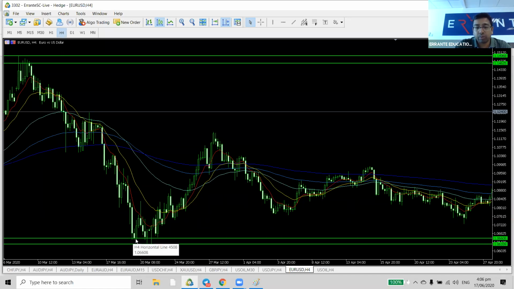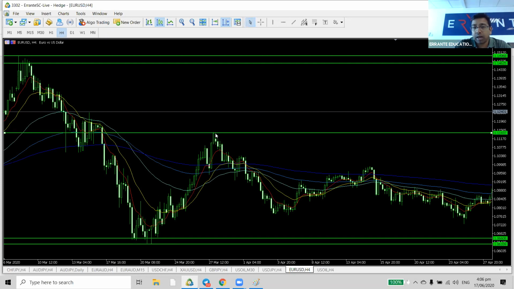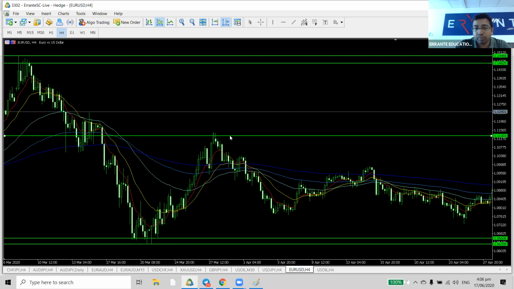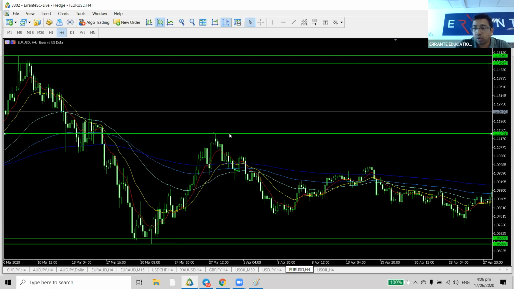So here, for example, price went up and up and up and up, and it started to reverse here. Why did it reverse there? Let us look at the highest body of the candle. It was at 1.1140. Okay, 1.1140. Now why did it reverse there? It reversed exactly 10 pips under 50.